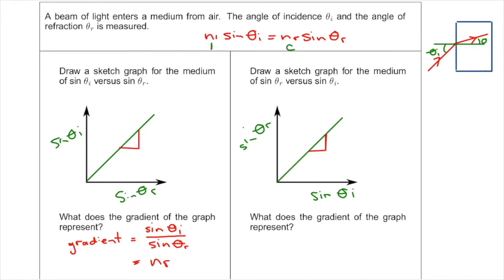When we look at the gradient in the second one, that gradient is now sine theta R divided by sine theta I. If I want sine theta R divided by sine theta I, I will have to take that refractive index to the other side, but then it will be underneath the line. And then we end up with 1 over n_R. So even though they both have the same relationship between the two variables on the axis, the gradients are different.